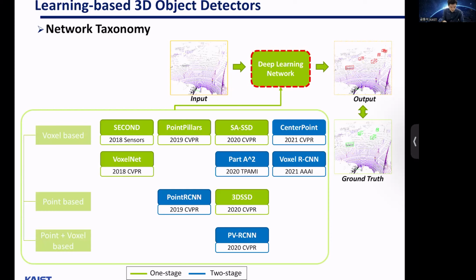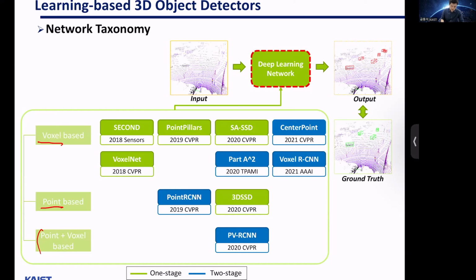Let's first start with voxel. I will give you a more detailed introduction to these types of encoders in the following slides, but the encoder can be divided into 2 types, voxel and point. And there are a few methods that utilize both point and voxel encoders.